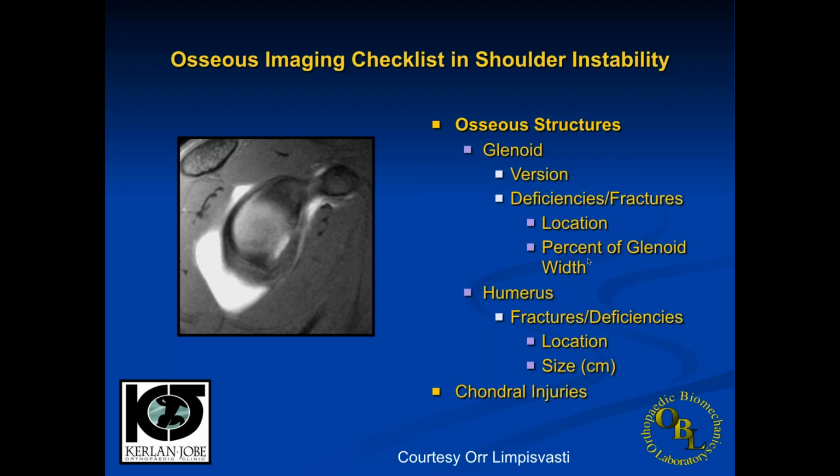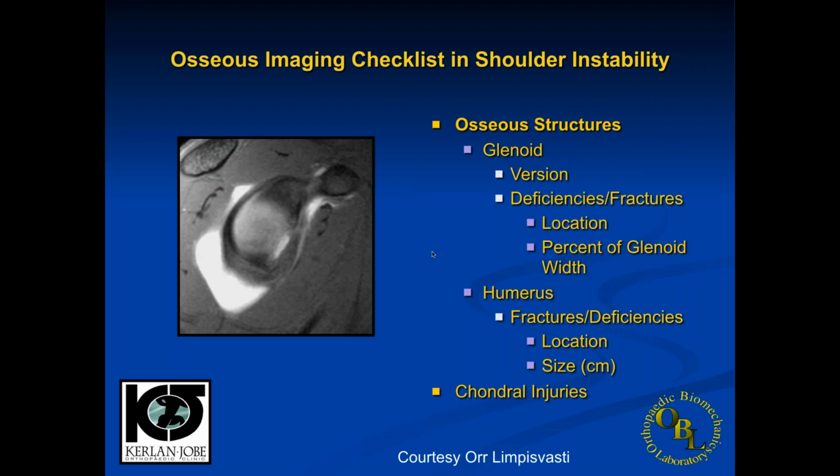If you have a fracture there, it's important to determine the percent of the glenoid width that is involved. So you draw a line across here, a line through the fracture, and see what percentage it is. If it's 25% or greater, then if you're going to try to do a surgical stabilization procedure, you have to do something to treat the bone defect because you don't have enough glenoid left to be stable in that position.